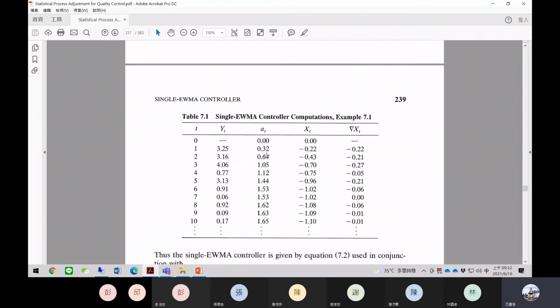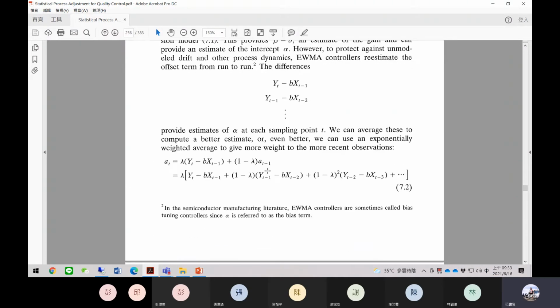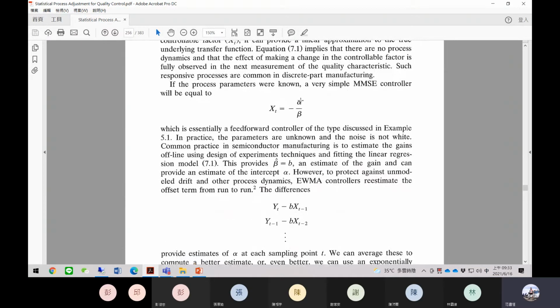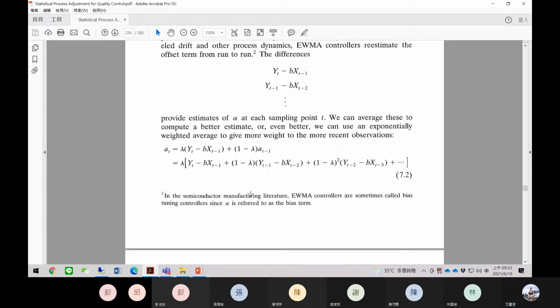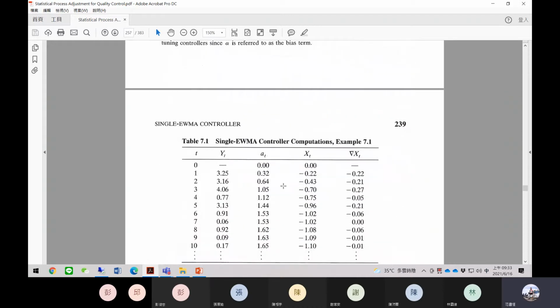A2 is 0.664. Once we have A2, we can get X2 right here. And recursively we do this from run to run.